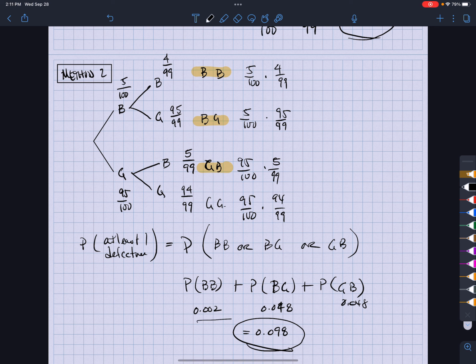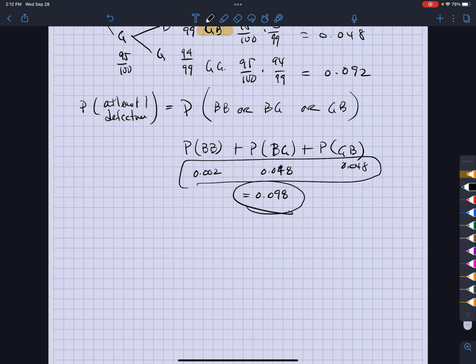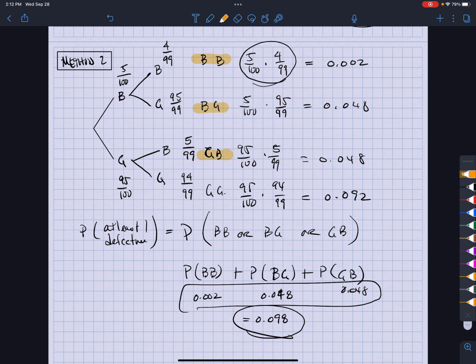And the way I got these numbers here is actually putting this in the calculator. This is giving you 0.002. This is giving you 0.048. This is giving you 0.048. And this here is giving you 0.902.